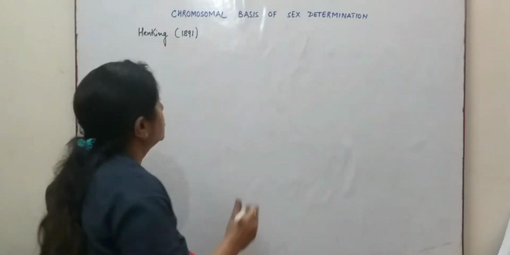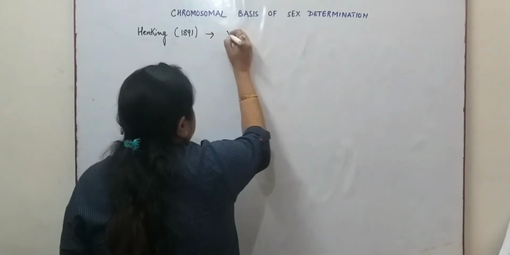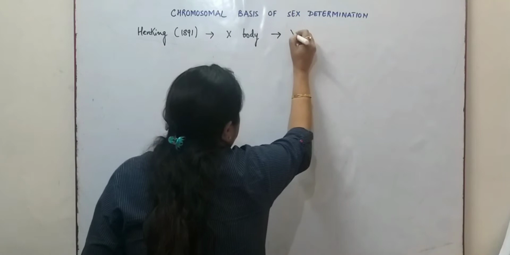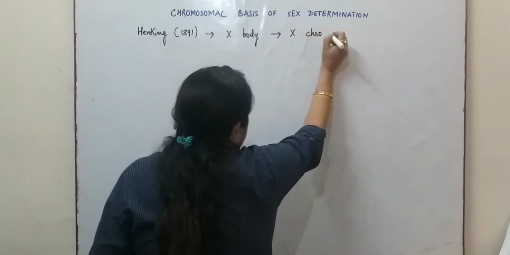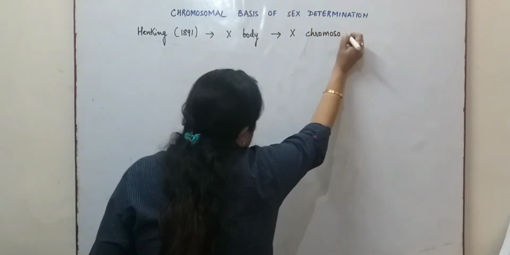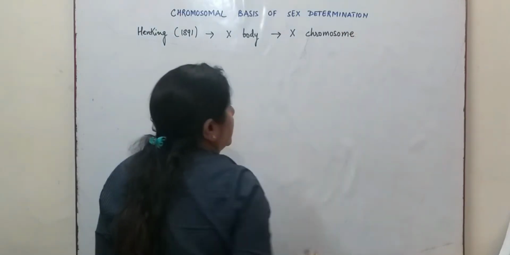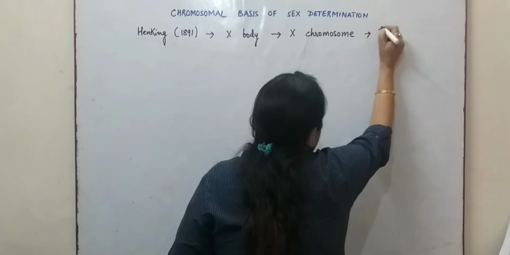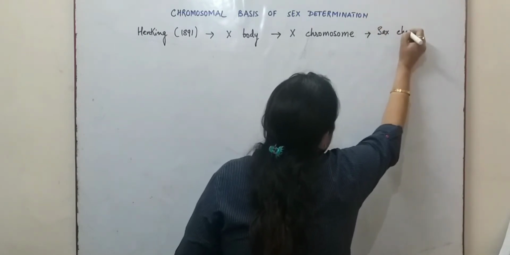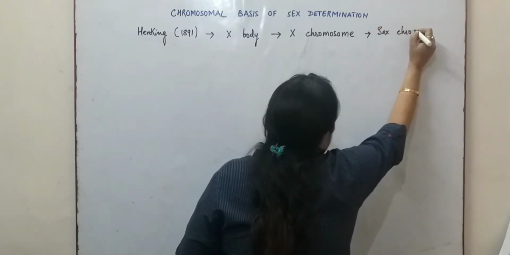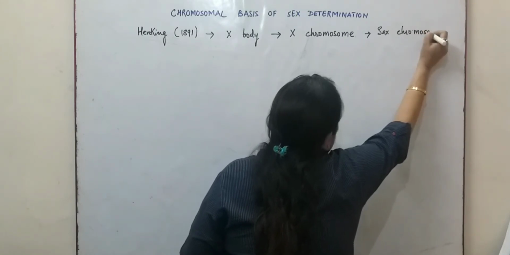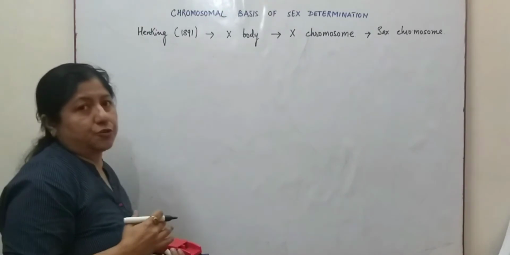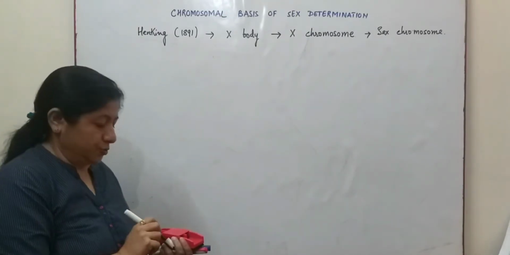So he called that body the X body, which was later named the X chromosome. The X chromosome is also called the sex chromosome because it decides the sex of a progeny. Apart from that, the rest of the chromosomes are known as autosomes.